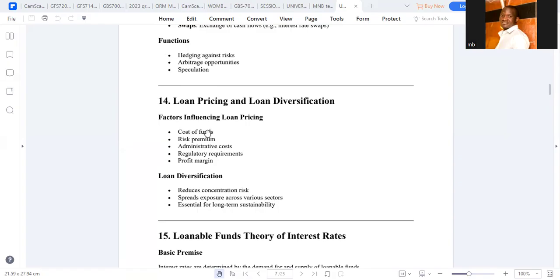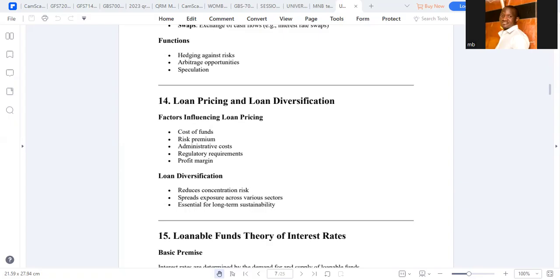Number one, the factors that affect loan pricing are the cost of funds, the risk premium, administrative costs, regulatory requirements, and profit margins. As explained, the cost of funds is basically one of the most primary factors that will determine the loan prices.